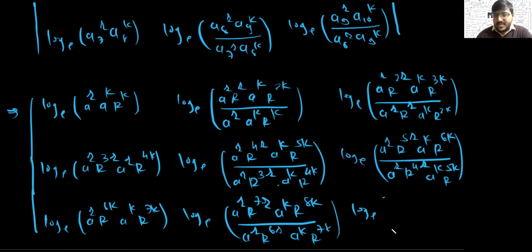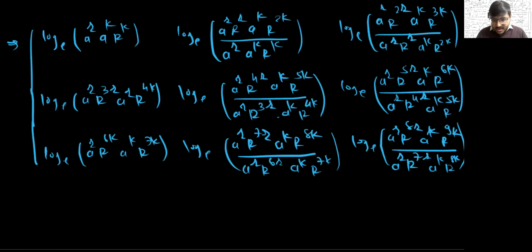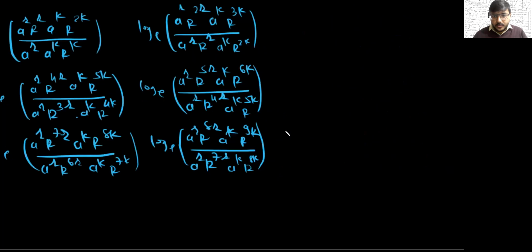And the last and final element will be a^r R^(8r), a^k R^(9k), all divided by a^r R^(7r) and a^k R^(8k), right? And this whole determinant is equal to 0.